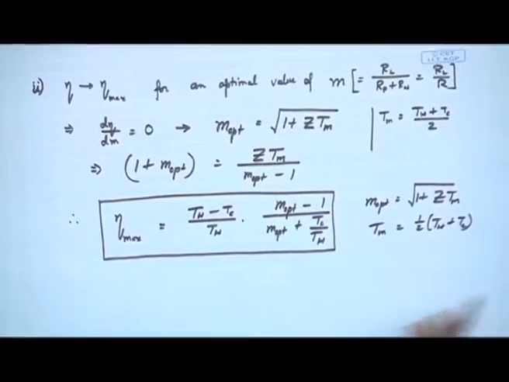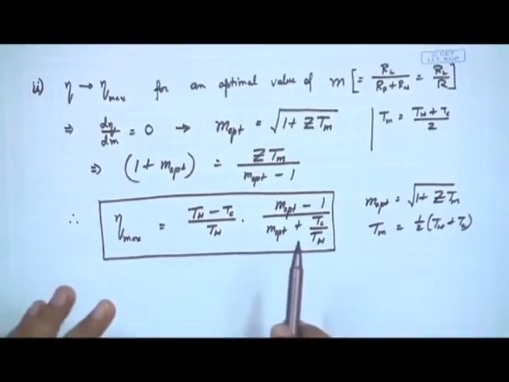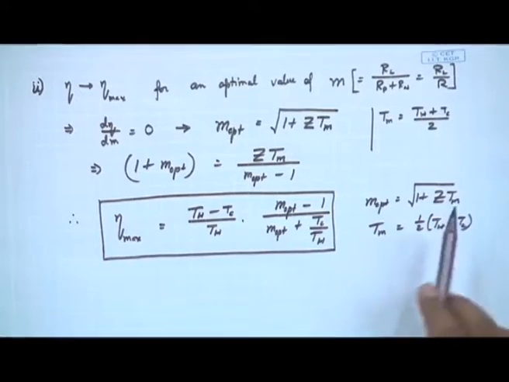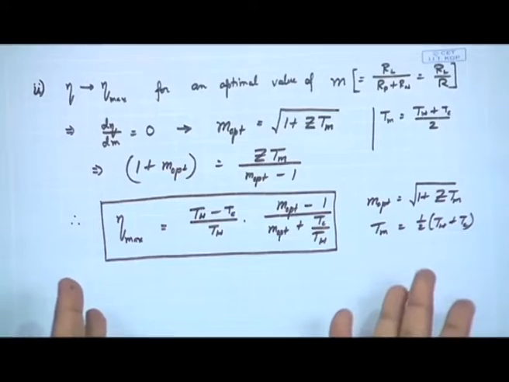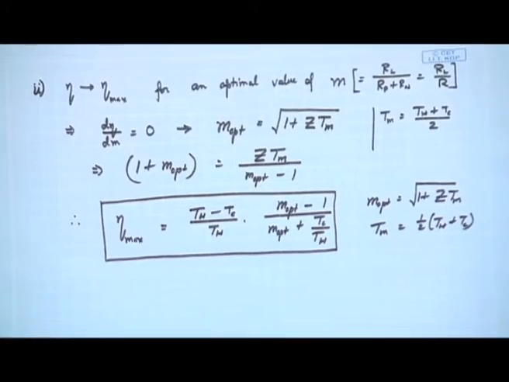So, the question may be asked: can I do both? I tried to maximize the efficiency by maximizing the value of z, and I tried to maximize the efficiency by coming up with the optimal value of the resistance ratio, and the answer is yes.